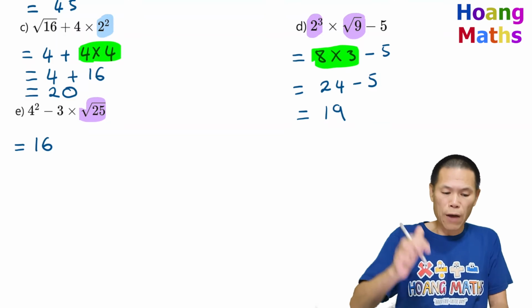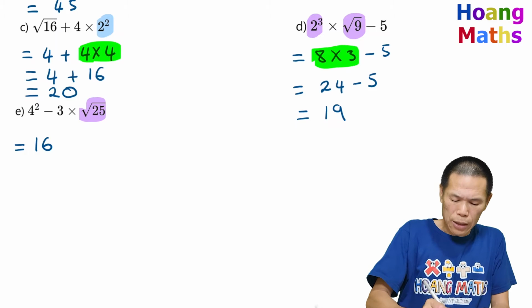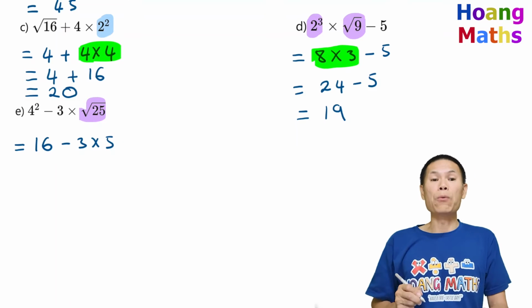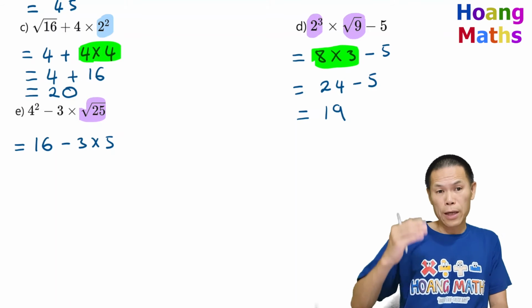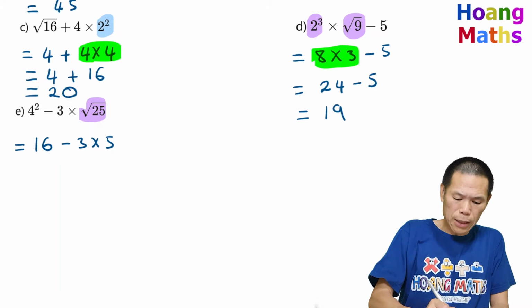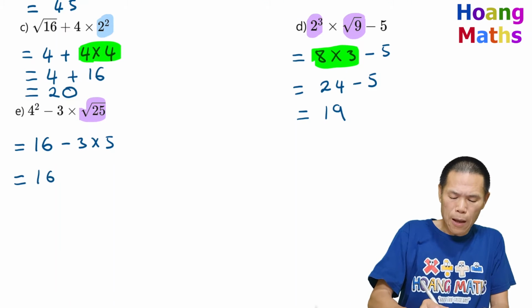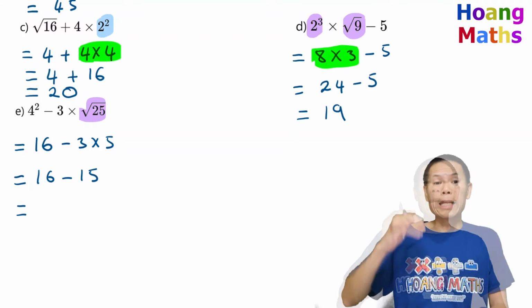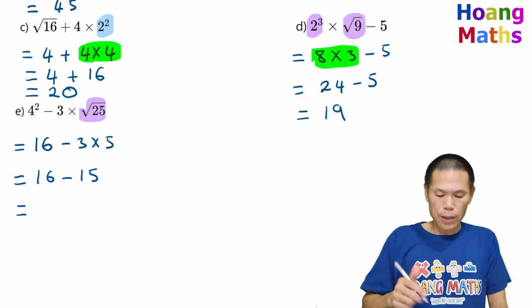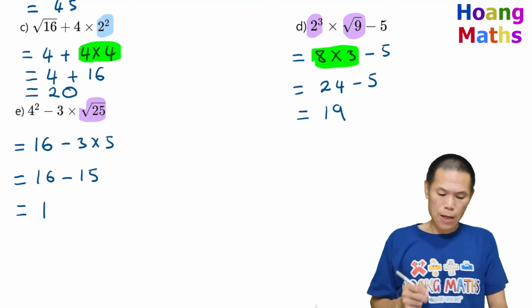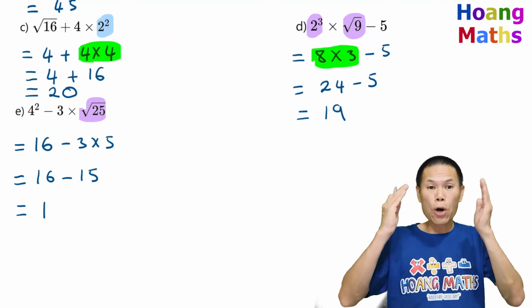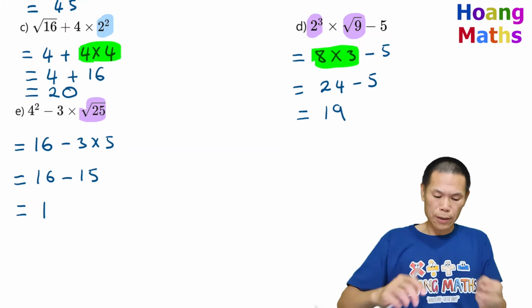So square root of 25 is 5. So that is minus 3 times 5. And we know that 3 times 5 is 15. So that means equal to 16 minus 15. There you go. And 16 minus 15 is 1. And I hope you got all of them correct.